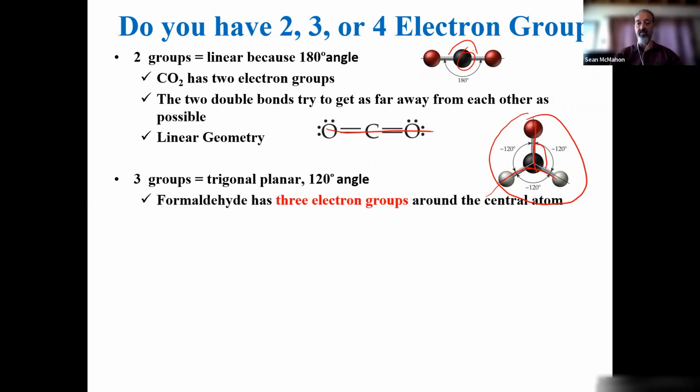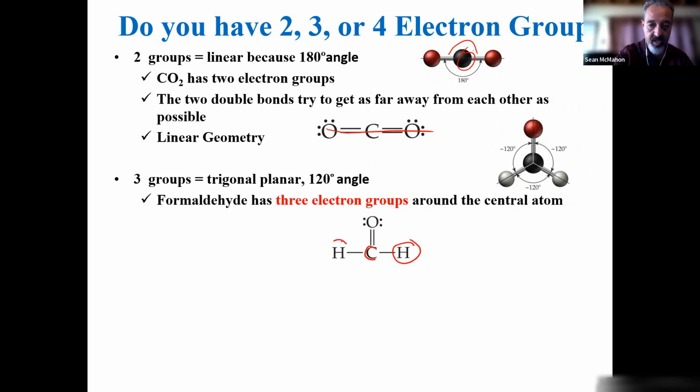So this is an example of formaldehyde. Formaldehyde is a molecule that has 3 groups around the central atom. So what are the 3 electron groups? Well, carbon's the central atom, and I have hydrogen, that's 1, another hydrogen, 2, and I have 3 groups. So I'm going to spread those 3 groups as far away as possible. That's going to give me trigonal planar.